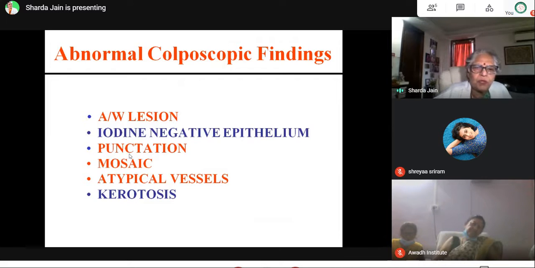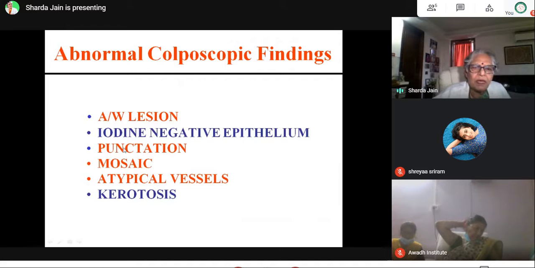Then after that you apply Lugol's iodine and you see whether the area takes up a brown or black stain. That area is healthy, and the area which does not take up the iodine stain is unhealthy. Then you need to see the vascular pattern. There are one or two conditions I will talk about in detail.